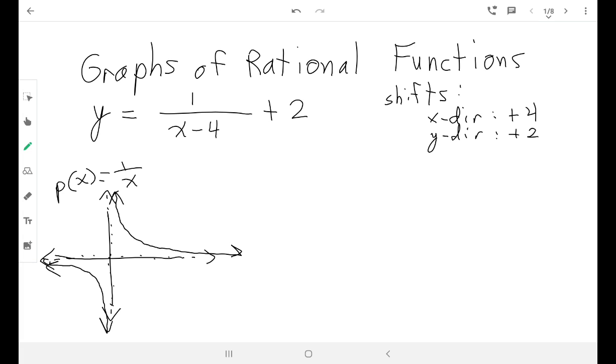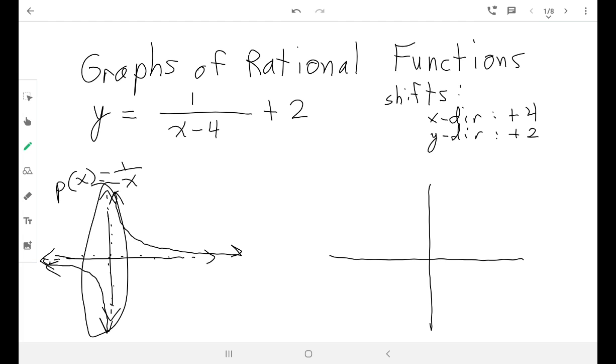And the shifting for these reciprocal functions, the easiest thing to tell that it moves is the asymptotes. So the vertical asymptote, that one, is going to shift in the x direction, because shifting that one in the y direction doesn't matter since it goes up and down forever.